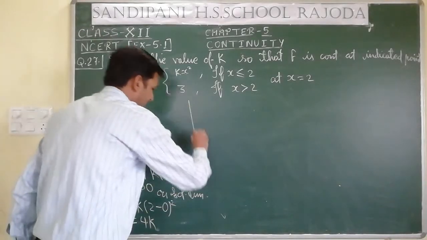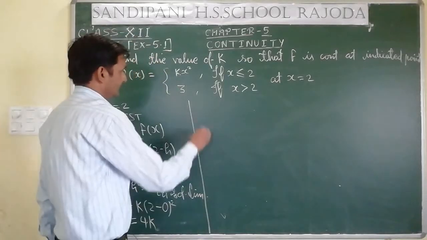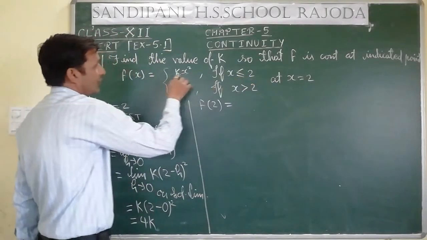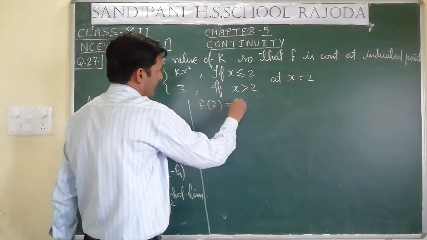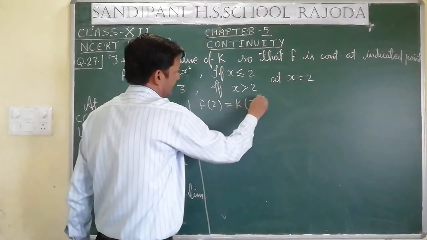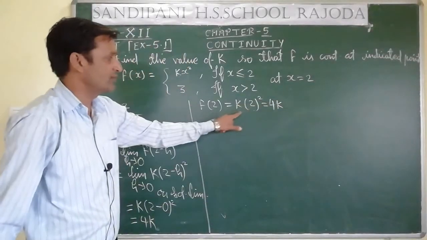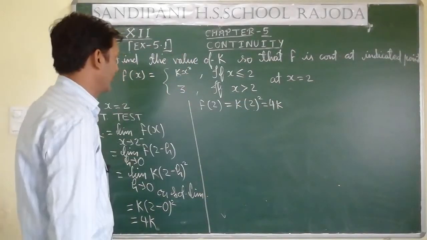Now f of 2 means for equal to 2, it is kx square only, means k into 2 square, that is also equal to 4k. 2 square is 4, 4 into k is 4k.